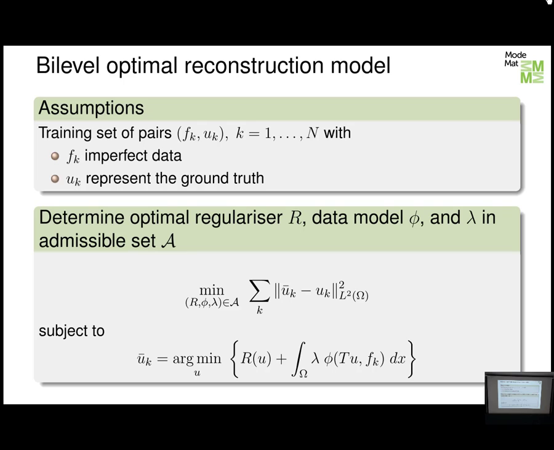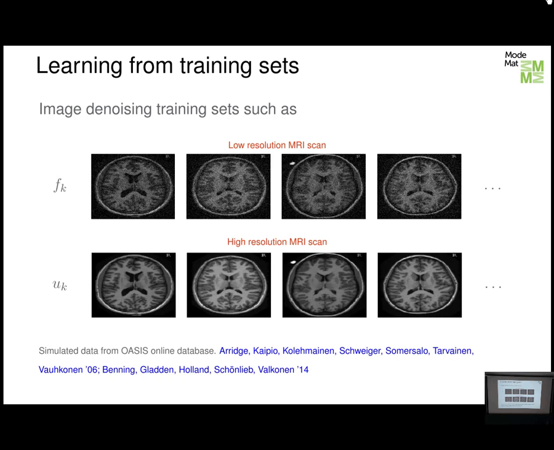And this image that you have is the reconstructed image out of your variational model. So you set the lambda in an optimal way in such a manner that this one is as close as possible to the ground truth image that you have from the beginning. So you have a training set and you want to learn from that one by comparing with the image you can obtain from the reconstruction model you are using, which is a variational one in this case. So this is an example of what it can be with the training set.